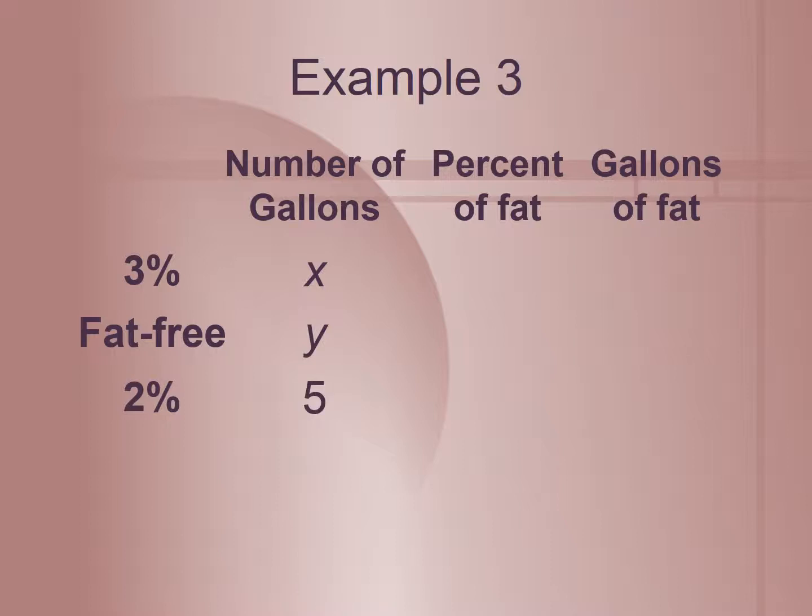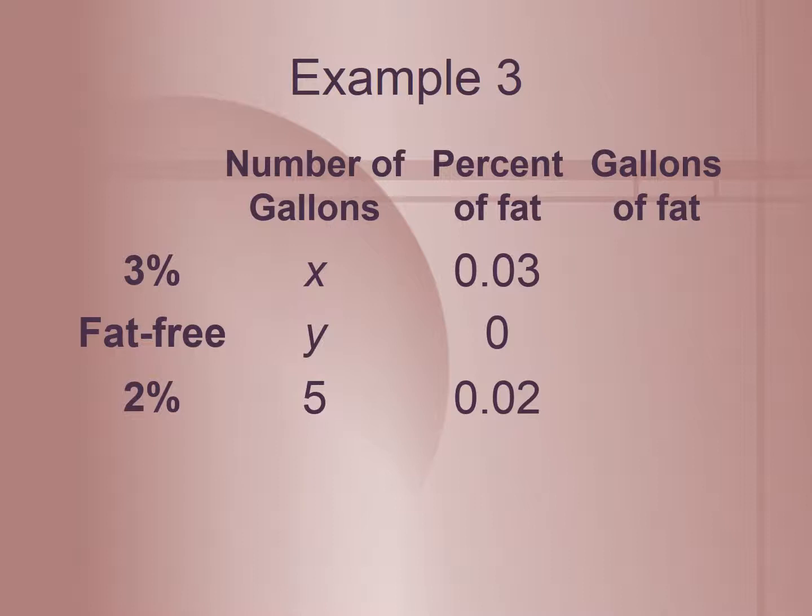We only want 5 gallons of milk. So we need to add our 3% and fat-free, but we're only going to add enough to make 5 total gallons. So to get our percent of fat, 3% is only 0.03 if you're talking about fat. If you're fat-free, that would just be 0. And then 2% would be 0.02.